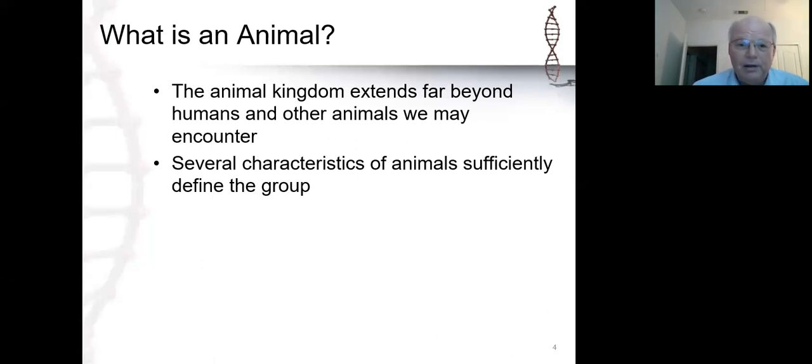For a number of them, they are not unique to animals, but as a collection, when we collect all of these features together, they clearly define what an animal actually is and differentiate animals from the other eukaryotic organisms that we've touched on throughout the semester. So let's take a look at the collection of defining characteristics that define what we mean by an animal.